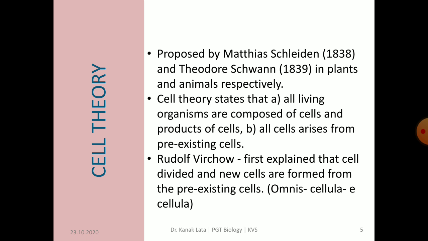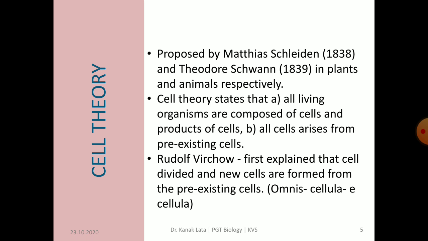Now, about cell theory. The cell theory is one of the most fundamental generalizations of biology. It was proposed by Matthias Schleiden and Theodor Schwann in plants and animals respectively. Cell theory states that all living organisms are composed of minute units called cells and cell products.